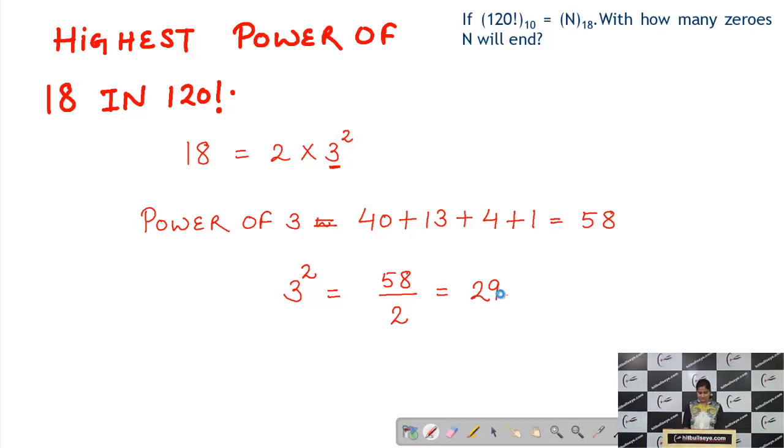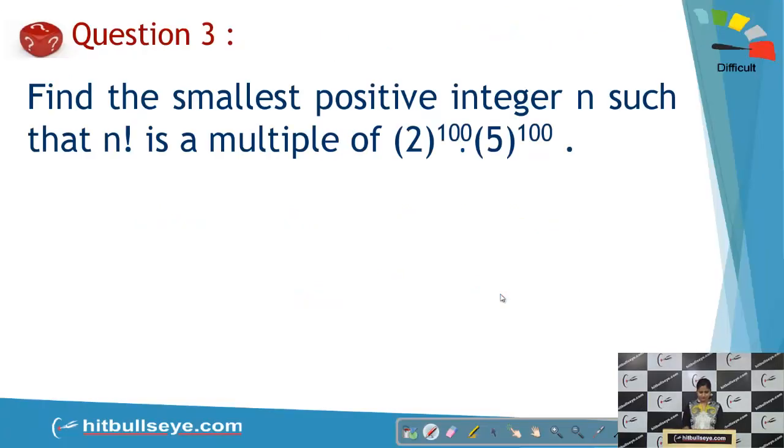Now the next question. It says find the smallest positive integer n such that n factorial is a multiple of 2 raised to power 100 into 5 raised to power 100. Now what is 2 raised to power 100 into 5 raised to power 100? That is nothing but 10 raised to power 100.